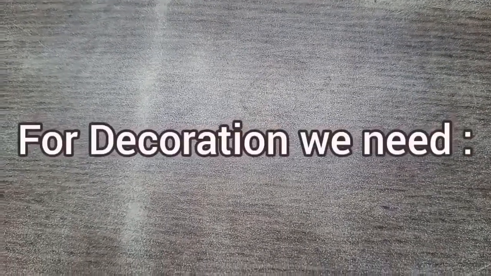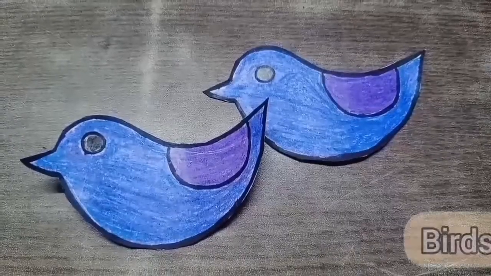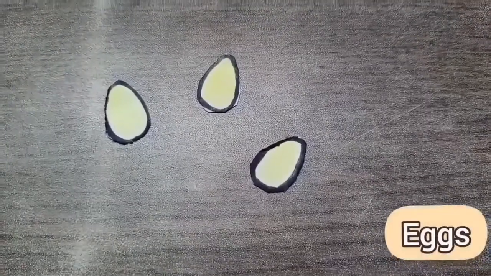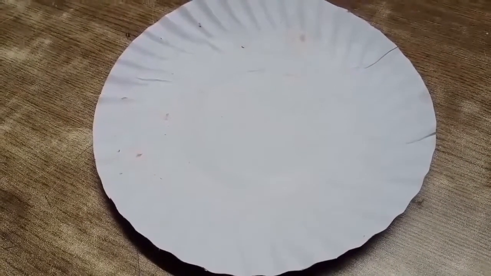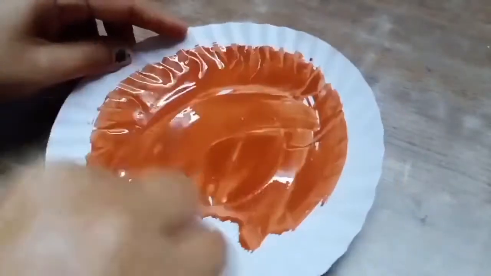For decoration, we need few leaves, birds, and eggs. Let's start. First, we will color the paper plate with brown color with the help of sponge.